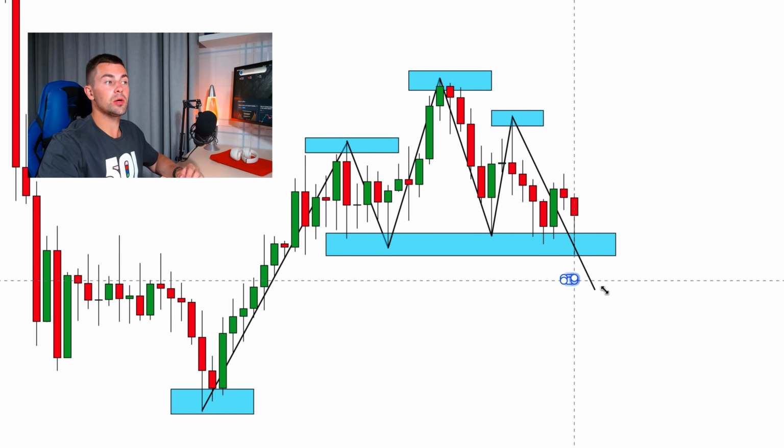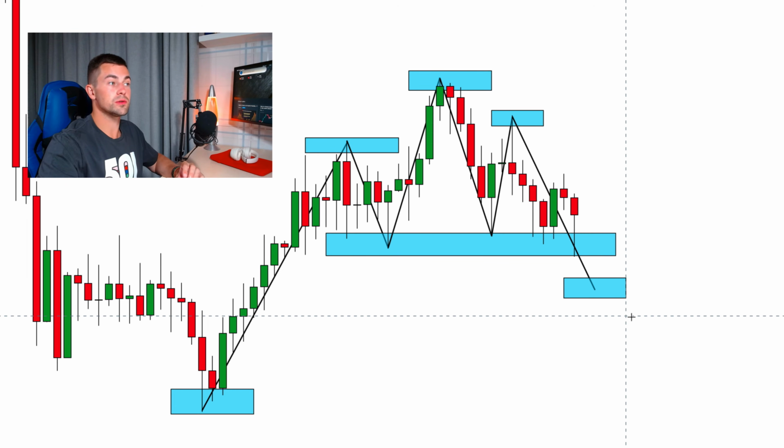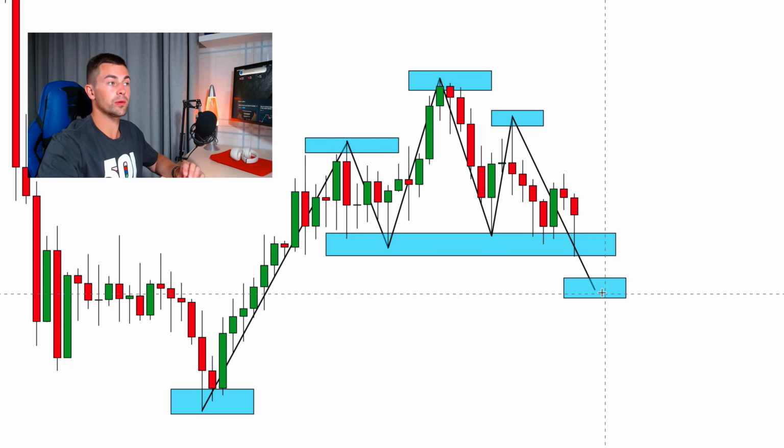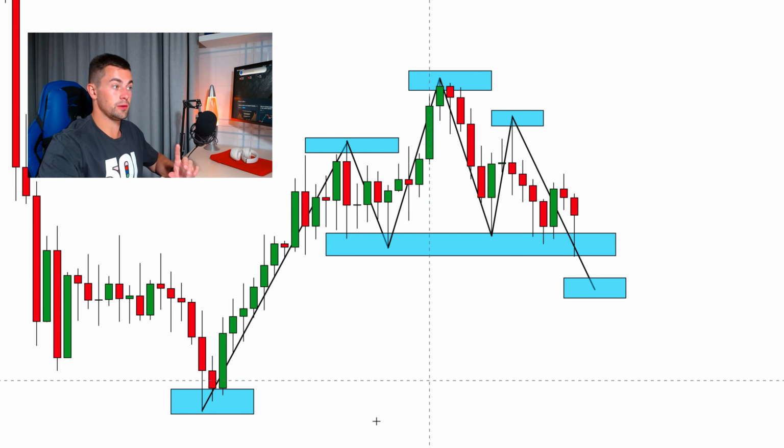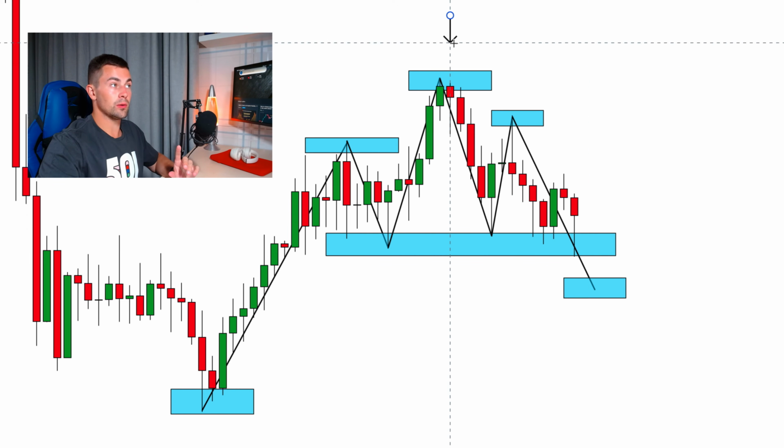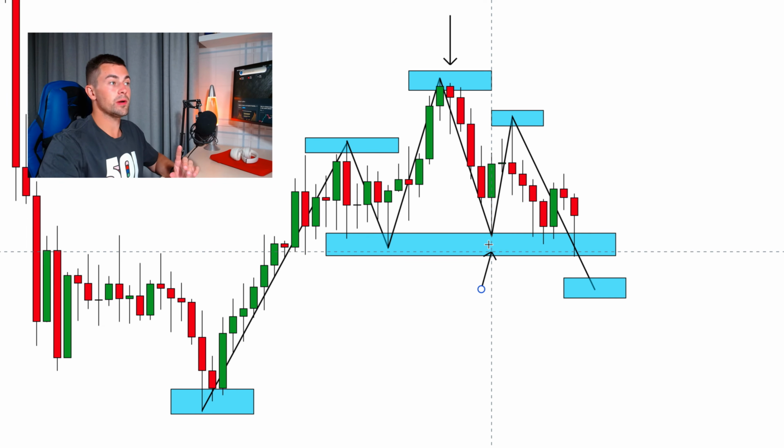First of all, here we will get a new structure low. Yes, we will get here a new lower close. Now pay attention to the details. Here then we will have our initial high. Then right here we will have the lower low. Yes.